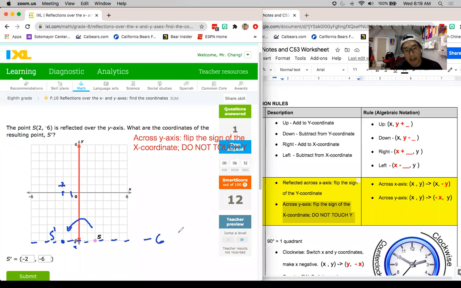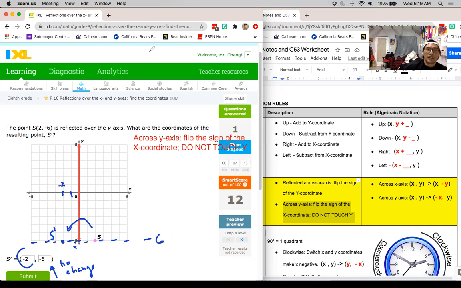Your y-coordinate hasn't changed at all. No change here. The only thing that happened is that I flipped over the y-axis and my x-coordinate changed. And you can see it right on the screen.